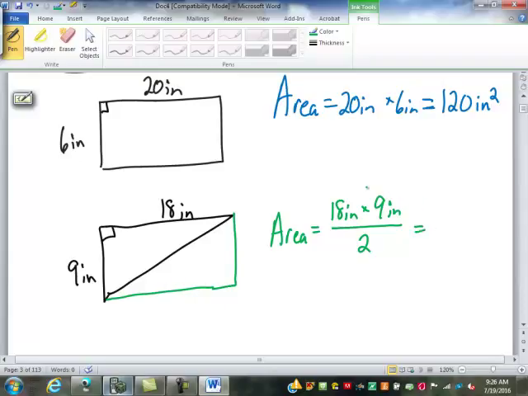So 18 times 9 is 162, divided by 2 is 81 inches squared. Those two looking familiar? A little bit, not so much. Okay. This was like beginning of the second week, I think, or end of the second week. It was back there a ways.